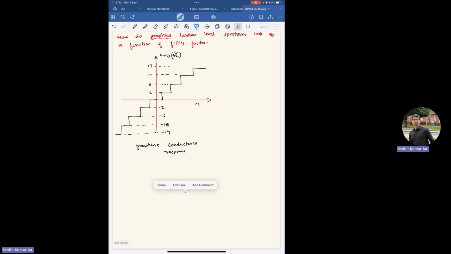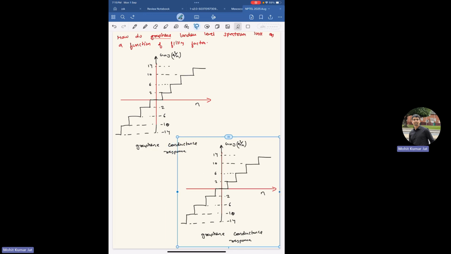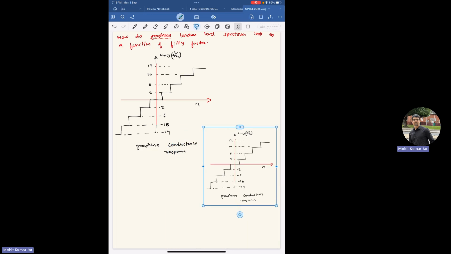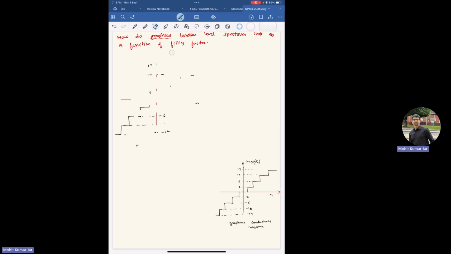Bilayer graphene has parabolic dispersion. It has a different Landau level spectrum. I will just draw this spectrum. So how do you distinguish from the Landau level spectrum? Let me just resize it and erase this one because this size is too big.